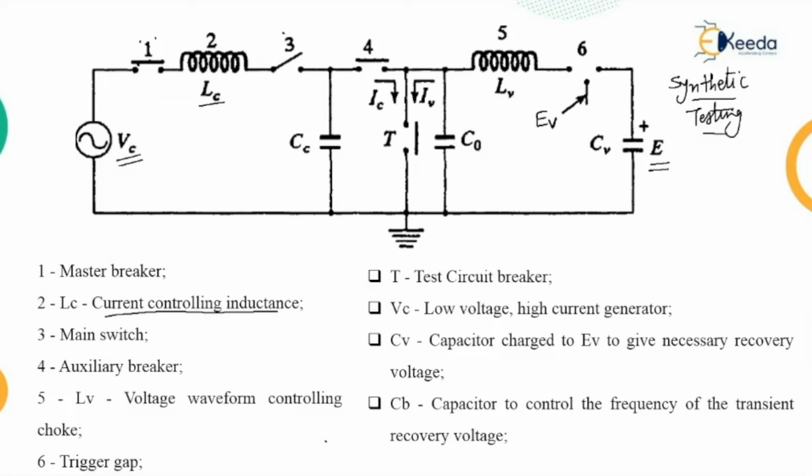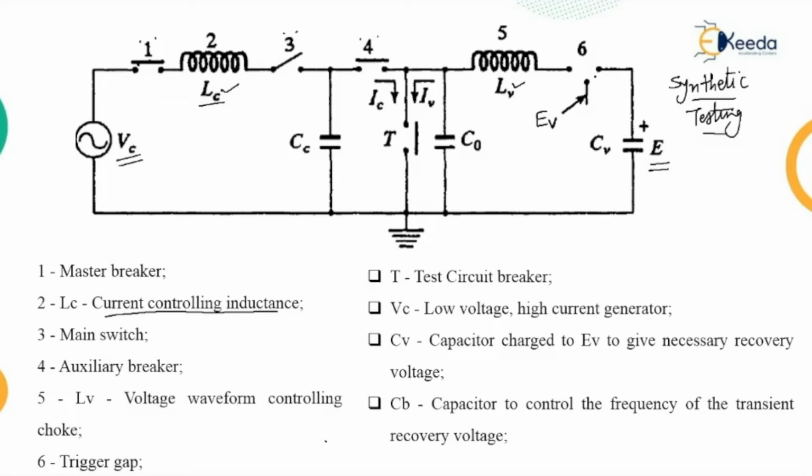Then 3 is a main switch, and closing of that allows the testing. 4 is an auxiliary breaker, that is standby breaker. 5 is another coil whose inductance is LV, called voltage waveform controlling choke. So it means there are two inductances used. One is LC that controls the current, therefore L suffix C. Another controls the voltage, therefore it is L suffix V.